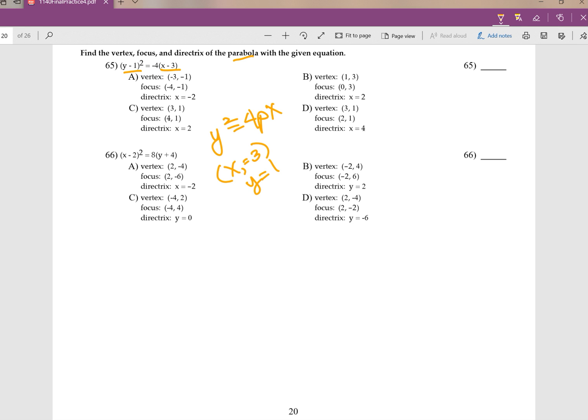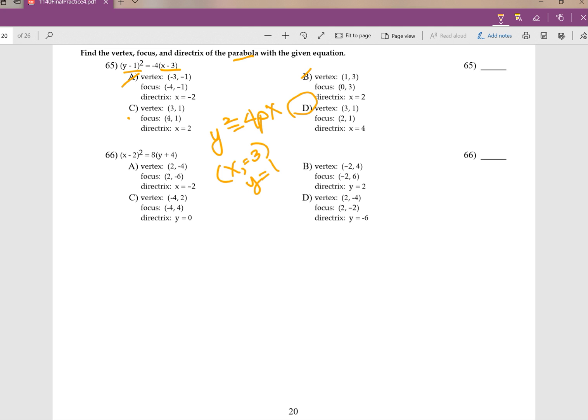So let's rule out this one and this one, because that's a -3, -1. And C and D are contenders now. Now, the next thing to consider is the directrix. That's easy to solve. We know that that's got to be 4.